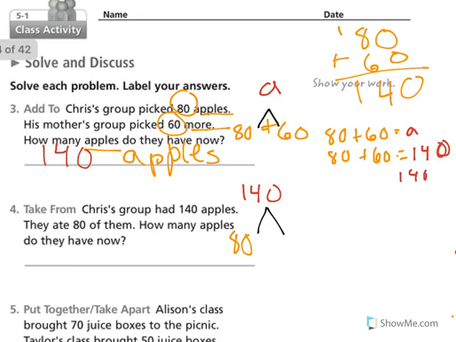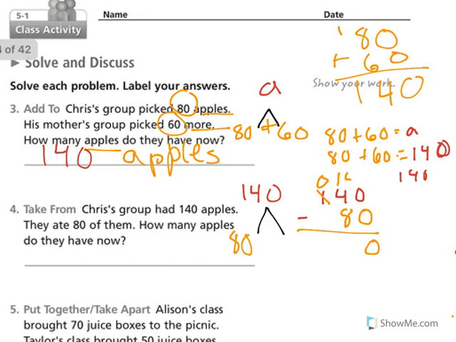So we'll have 140, and we're going to subtract 80, and then we'll see what we get. So 0 minus 0 is 0. 4 minus 8 is not going to work, so we have to ungroup. We take our 100, leaving 0 hundreds. That 100 turns into 10 tens, and that joins our 4 tens in the tens place.